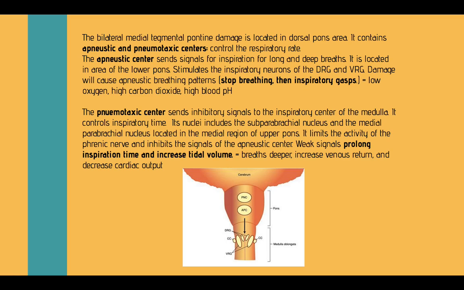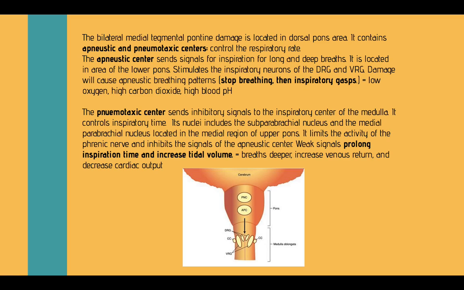The apneustic center sends signals for inspirations to be long and deep breaths, and it's located in the lower pons, stimulating the inspiratory neurons of the DRG and the VRG, which are the dorsal and ventral respiratory groups in the medulla, and the damage will cause apneustic breathing, which means the patient will stop breathing, and it will make lower oxygen, higher carbon dioxide level, and it will increase the blood pH because it's acidic.